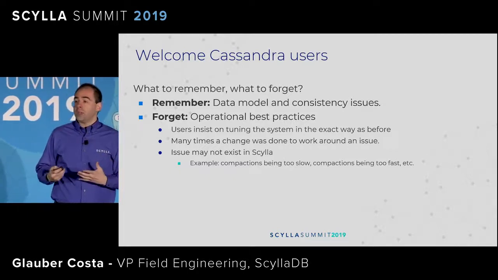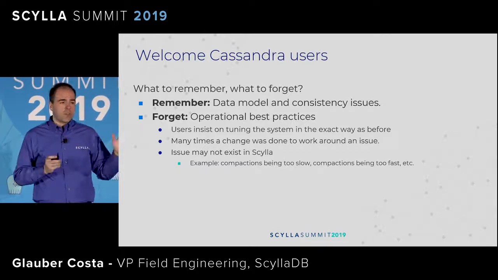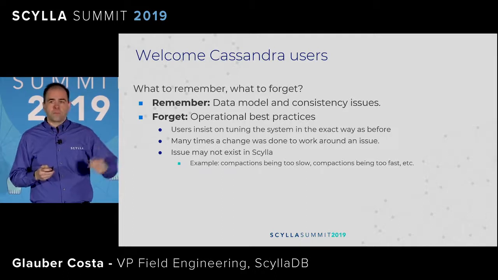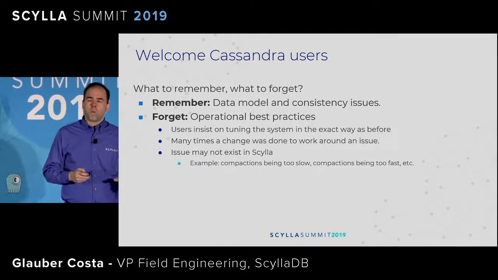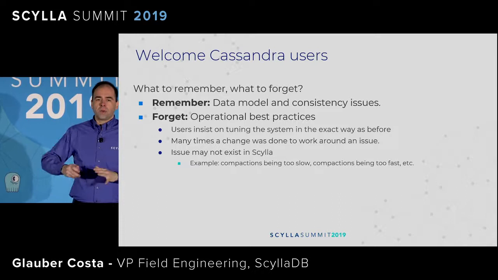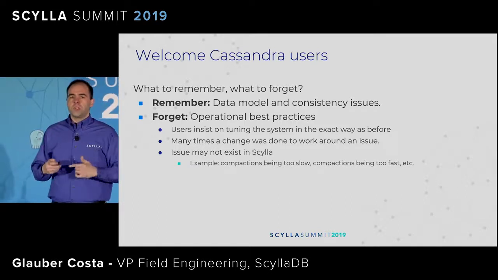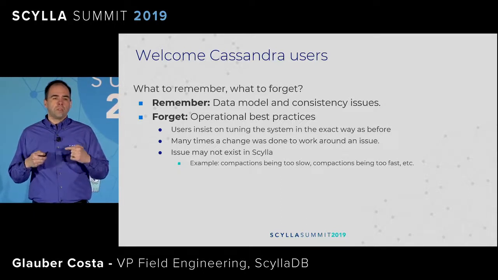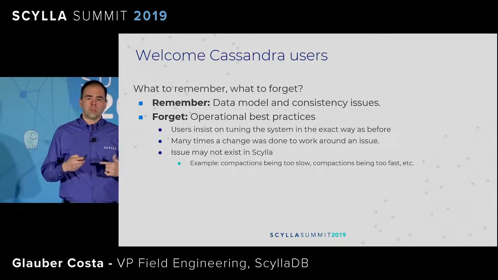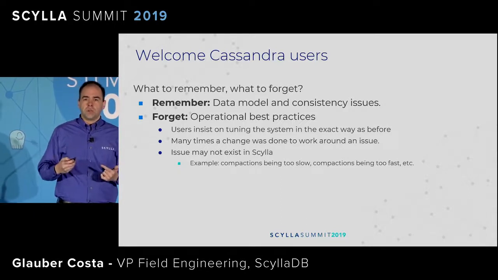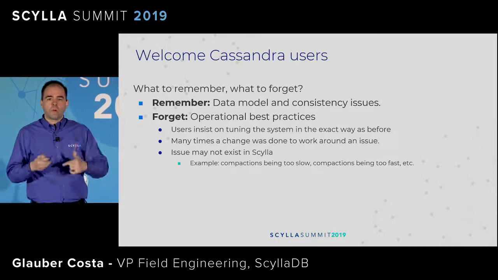So how I summarize this is: remember what you learned from Cassandra, if you're coming from Cassandra, about data model. But whatever you know about operations, just think through it again. Because what we see a lot of times is people doing things in Cassandra not because that's the best thing to do, but because you had to work around a problem.